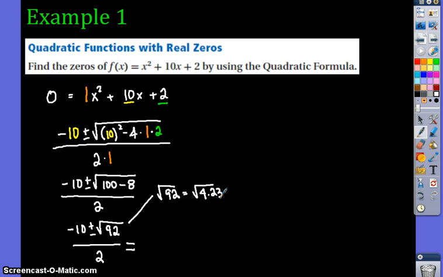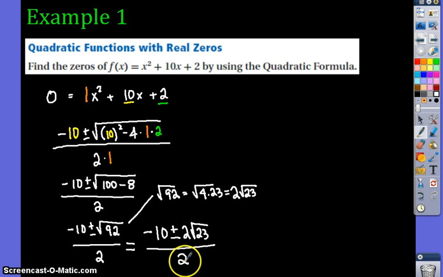Since the 4 is a perfect square, we could even further simplify this as 2 times the square root of 23. So we have negative 10 plus or minus 2 times the square root of 23, all of that divided by 2. But we're not done yet, because there's one more step.